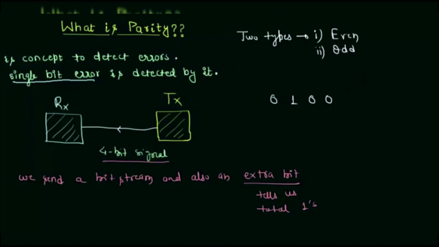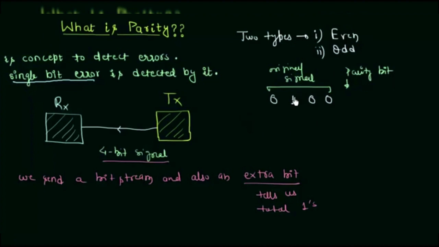Now if we are talking about the even parity, what will happen? This is our original transmitted signal, and there is an extra bit that will tell us about the total number of ones, and we call it the parity bit.